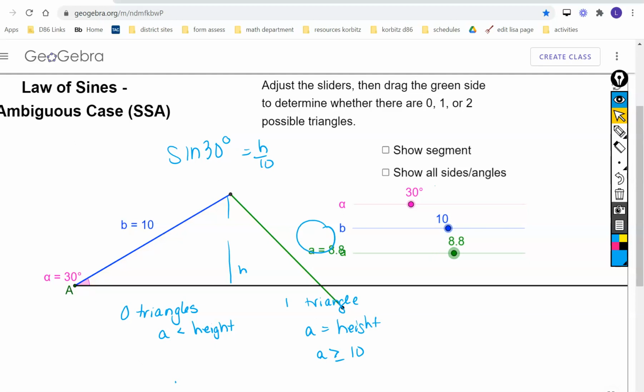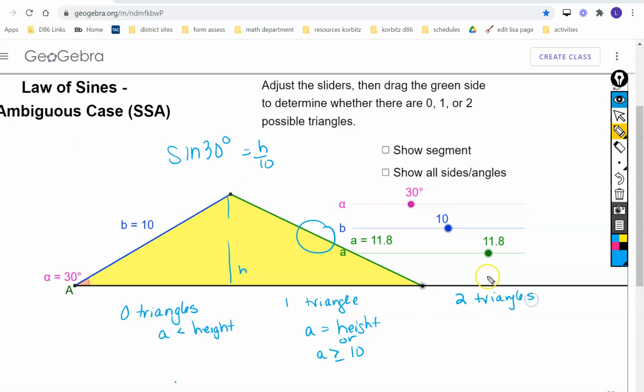Again, if we made A exactly 10, notice that you get a triangle, but if I tried to make a triangle over here, I couldn't make another one. So that's 1 triangle. Or if it was a bit larger, I'm certainly not going to make another triangle. Then we had 2 possible triangles when A was longer than the height, yet smaller than that other side of 10.